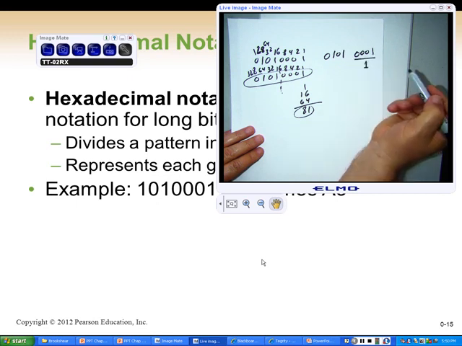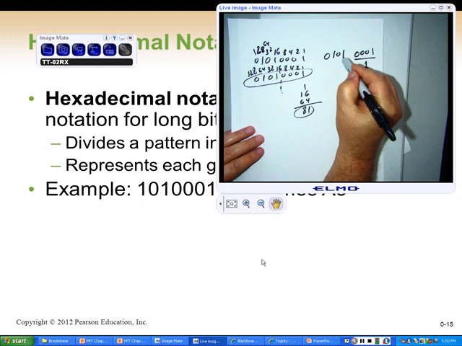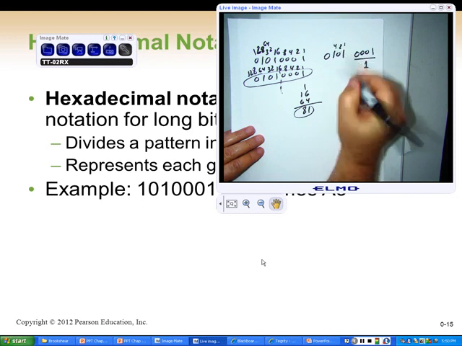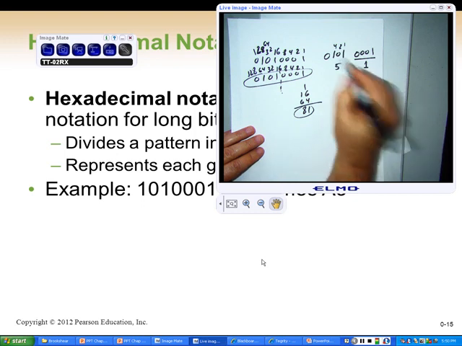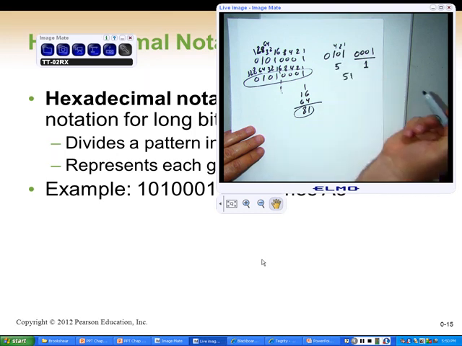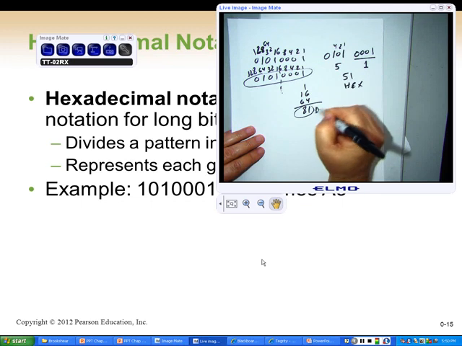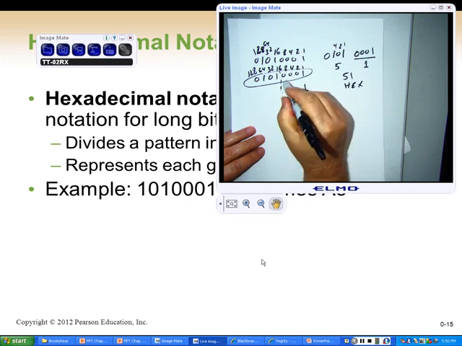This one is 1, 2, and 4, that's going to give me 5. So this one in hexadecimal is going to give me 51. That's hexadecimal. That is my decimal. That's my binary. You got that?